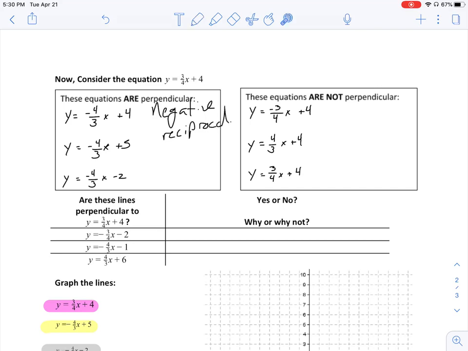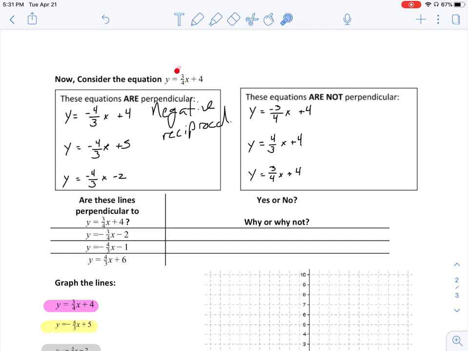So you'll notice that the slope of this line is 3 over 4. The slope of these three lines is negative 4 over 3. So we took the slope, we took the rise and the run, and we just simply flipped them. So instead of 3 over 4, it's 4 over 3, and we took the negative, or the opposite value.